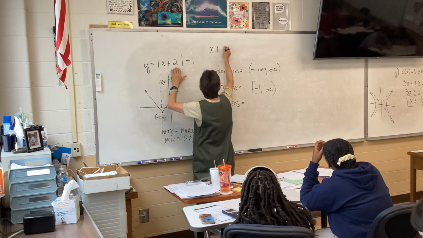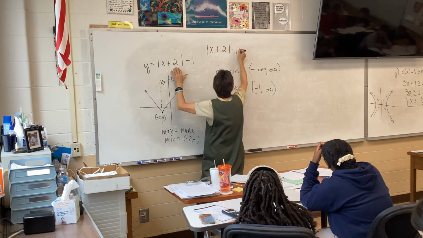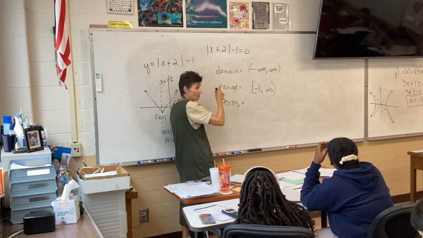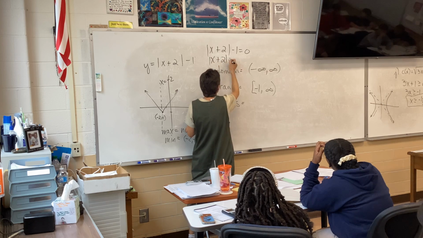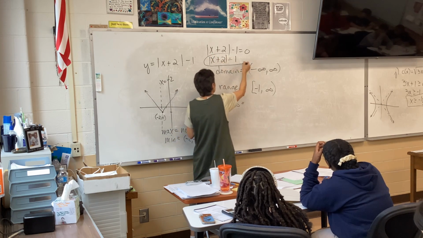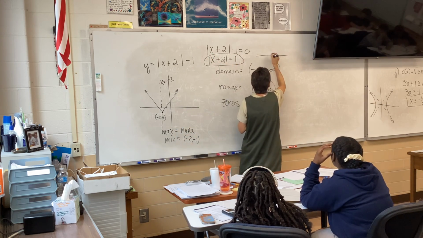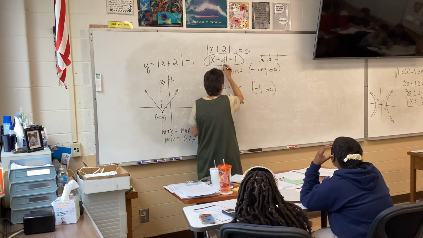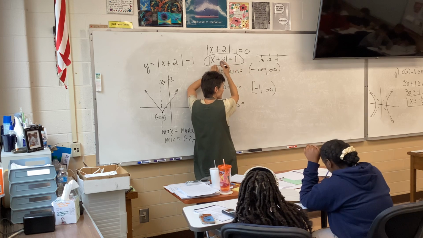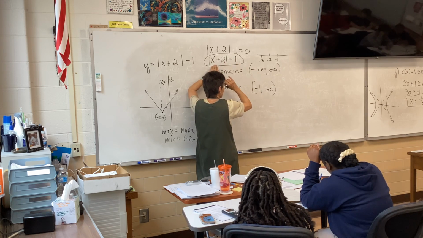Yeah, we don't plug in 0. We set it equal to 0. And then somehow you solve this equation. You know, I'm gonna do it on a number line. Some of you are gonna split that up into two different equations, x plus 2 equals 1, x plus 2 equals -1.